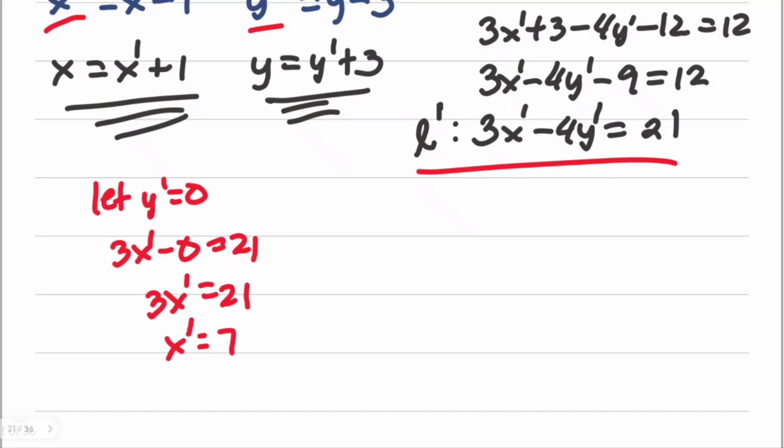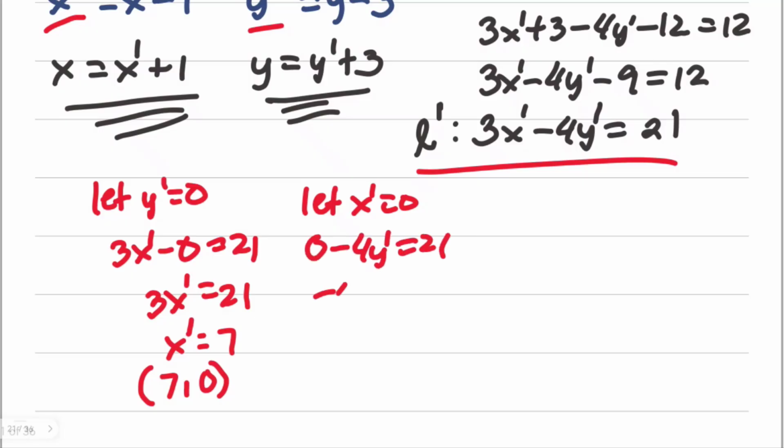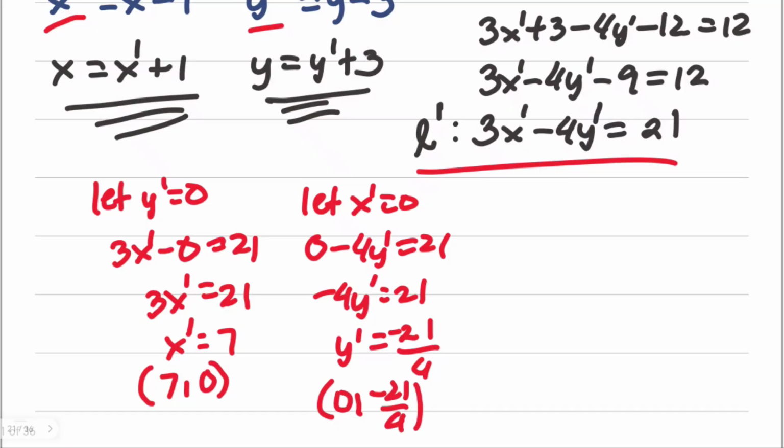Sorry. So our x prime intercept is actually 7 and 0. For the second, let x prime be equal to 0. So 0 minus 4y prime is 21. Minus 4y prime is 21. So y prime is negative 21 fourths. So you have here 0 and minus 21 fourths.